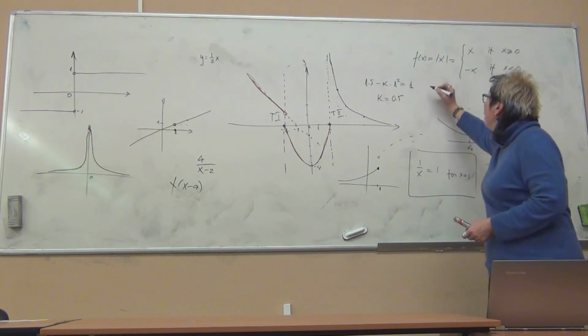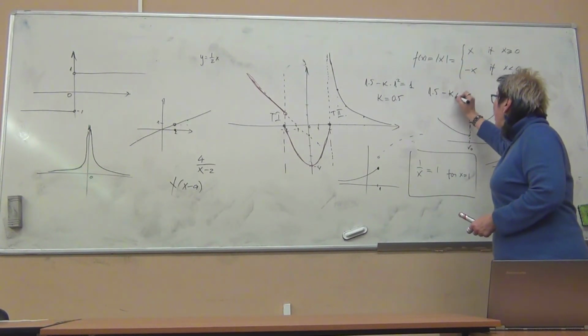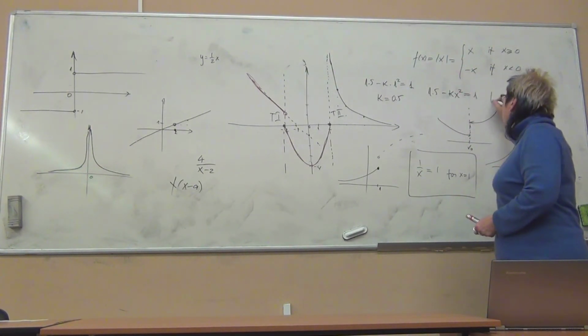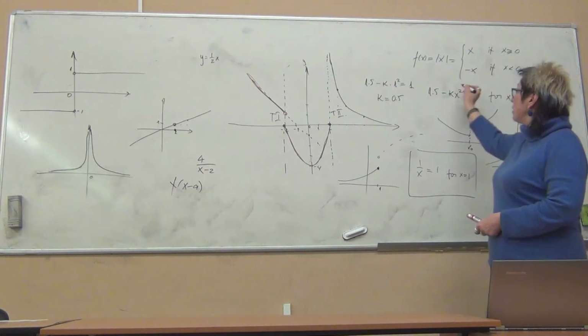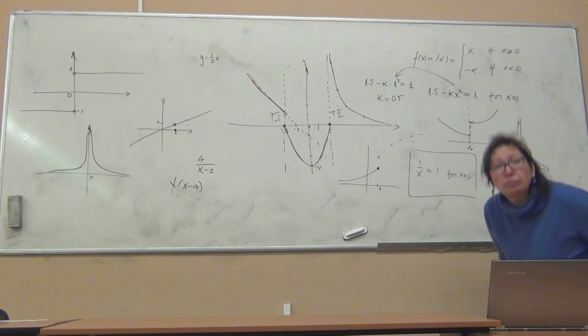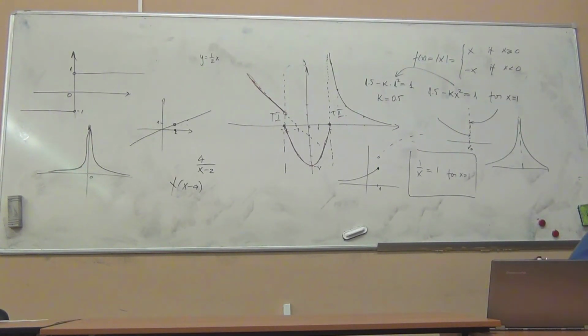So I say 1.5 minus k x squared has to be 1 for x equal to 1. And this is how I get the k value. So this is a little bit of logical reasoning. Not too difficult mathematics, but you definitely have to think, people, think.